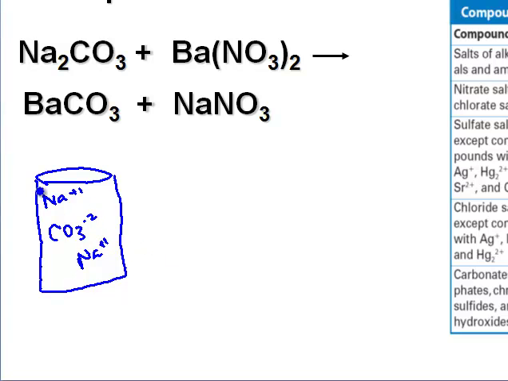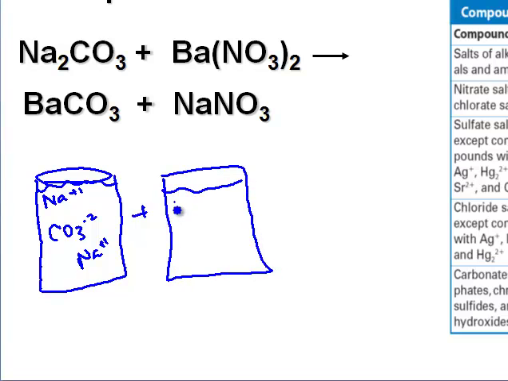They're all floating around in the water. Okay? And I add it to another aqueous solution of barium floating around in the water and NO3 floating around in the water. These guys are just floating around as ions.